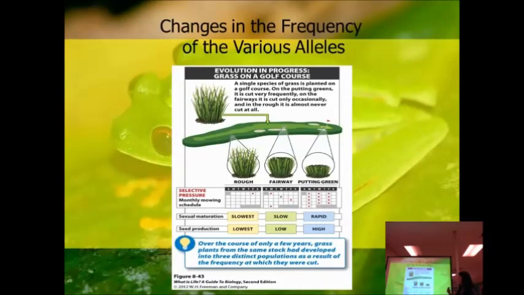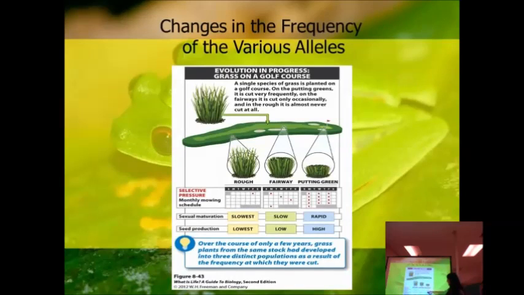They actually, a single species of grass is planted on a golf course, because on the putting greens they cut it so frequently, and on the fairway it's only cut occasionally, and then in the rough never cut at all, they've actually had this selective pressure. So here's our monthly cutting schedule.